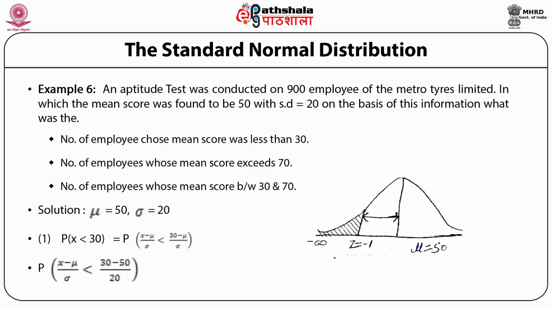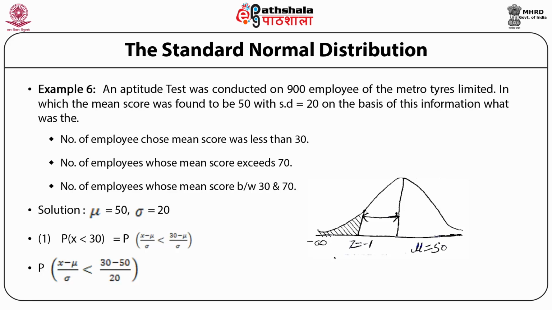So this can be expressed as the probability that minus infinity is less than z less than 0, minus the probability that minus 1 is less than z less than 0. Once again, understand this step: the probability that minus infinity is less than z less than 0 is the area from 0 to minus infinity, then subtract the probability of minus 1 less than z less than 0.